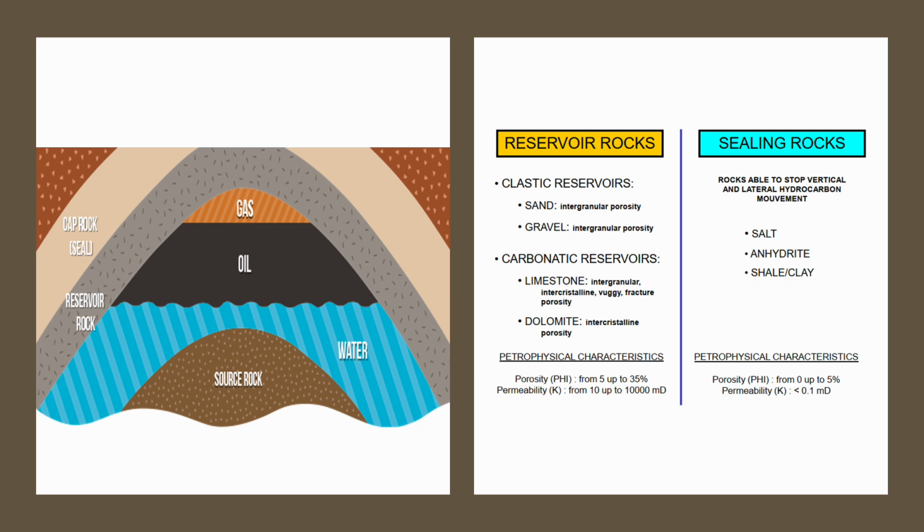Unlike reservoir rocks, they have low porosity, that is 0 to 5%, and extremely low permeability, less than 0.1 millidarcy, making them effective barriers. In summary, reservoir rocks store and allow hydrocarbons to flow, while sealing rocks trap them underground, preventing escape. Both are essential for forming oil and gas reservoirs.